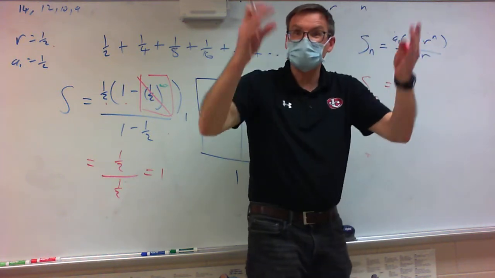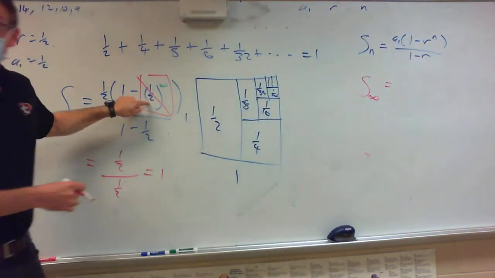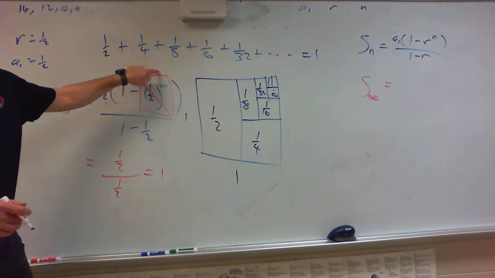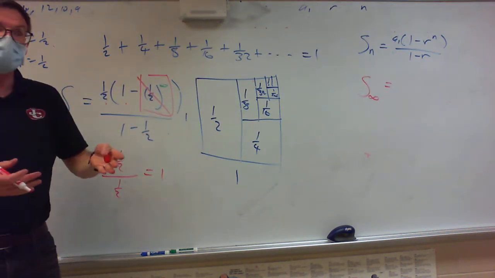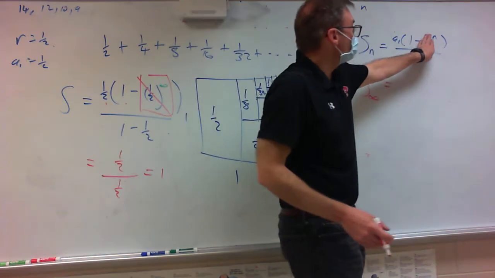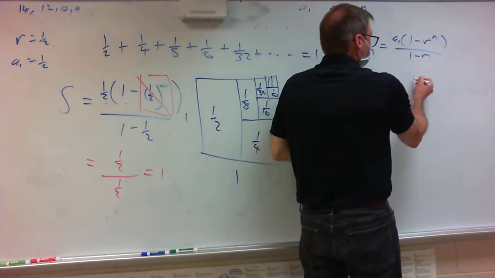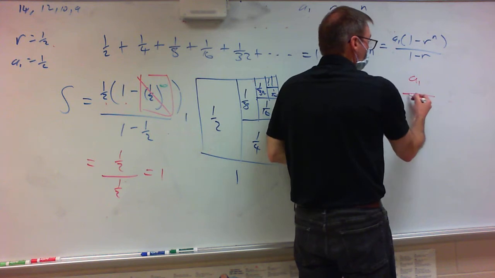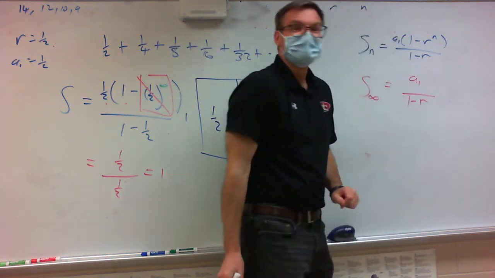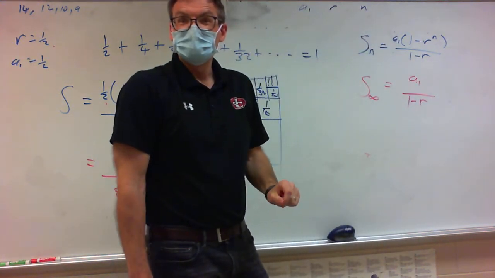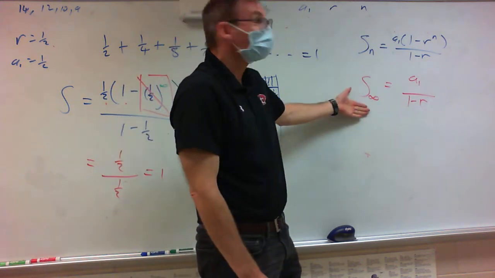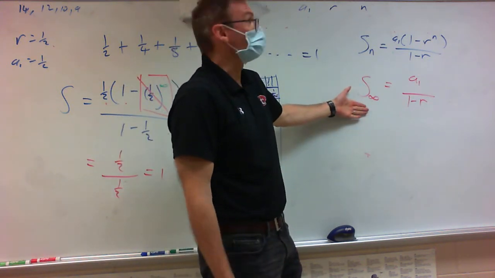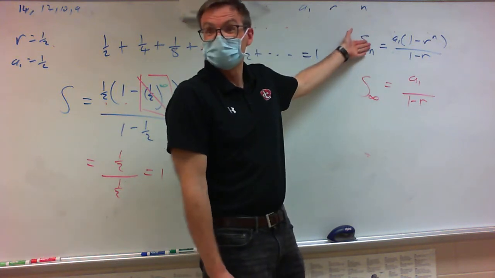Remember how we had our ratio raised to the infinite power? That goes away. So the only thing I have left on top is the first term, and what I have left on the bottom is 1 minus the common ratio. So when you want to sum up an infinite geometric series, I think that formula is way easier than this formula.